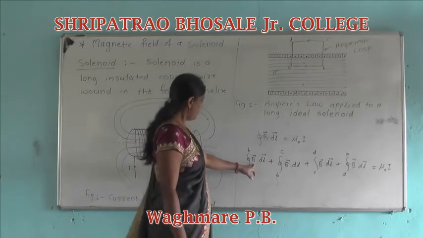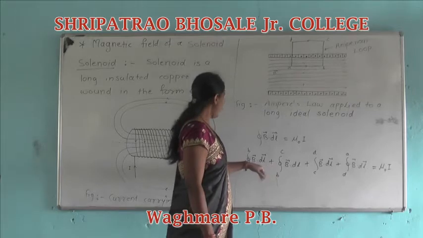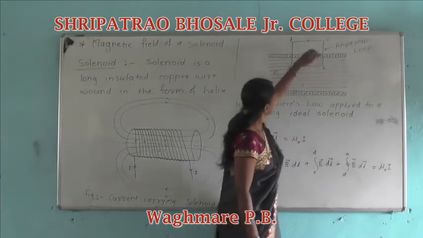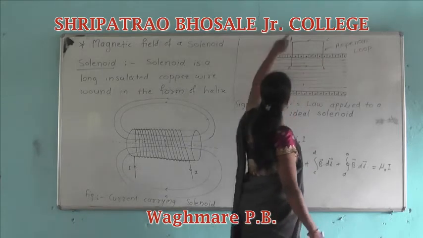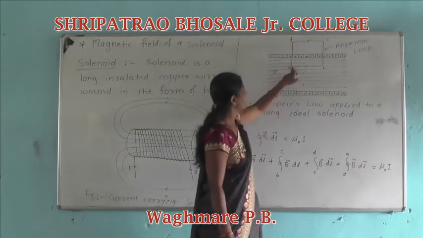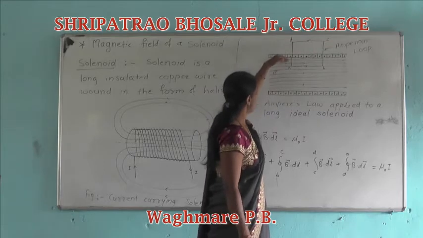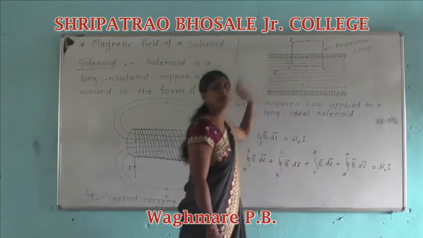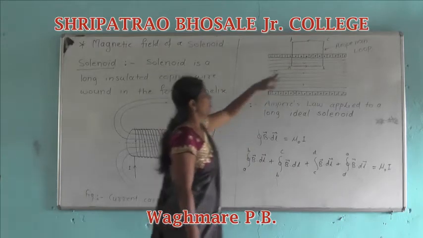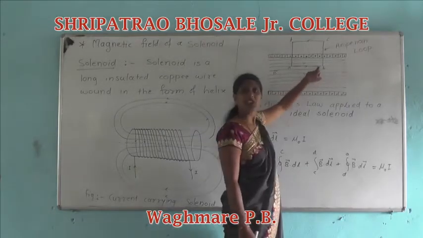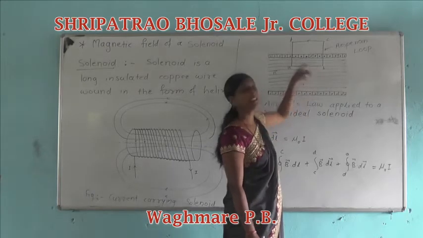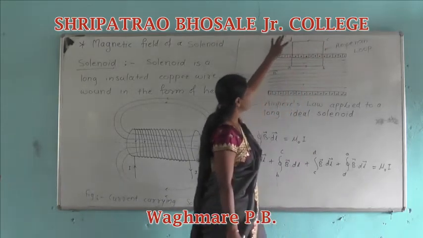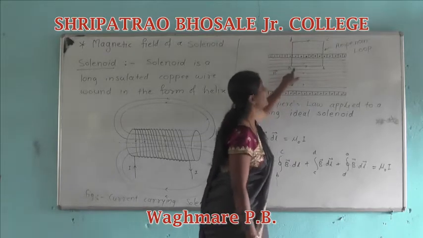Now the magnetic field on line BC and line DA: the direction of the magnetic field and the length are perpendicular to each other. The direction of the magnetic field is perpendicular to line BC as well as to line DA.